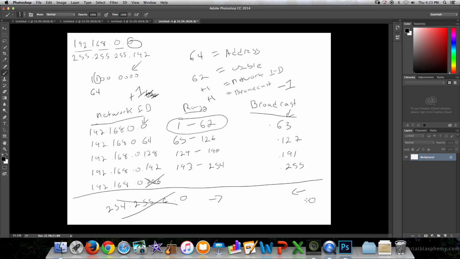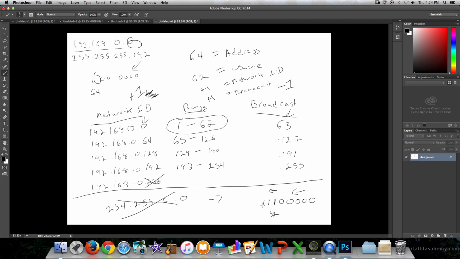The first is 1, 2, 4, 8, 16, 32 fills that gap in. That means all the spots to the left of this are going to be ones, because this is the one that supports 32, and we need 30 addresses.